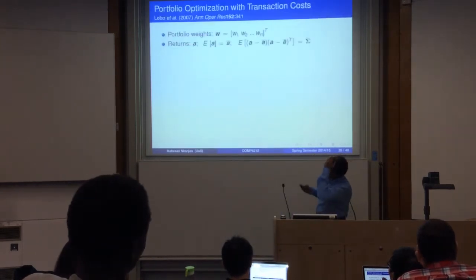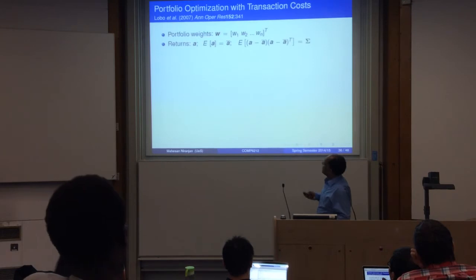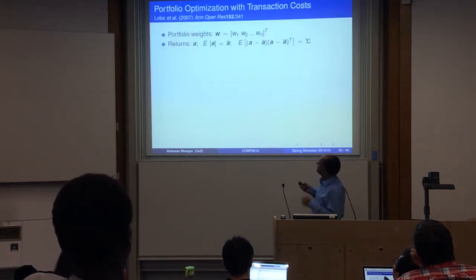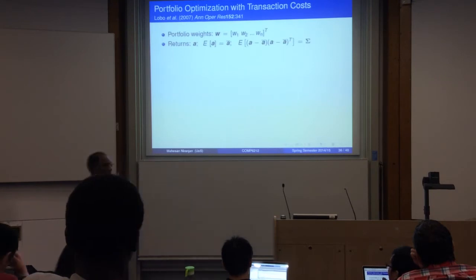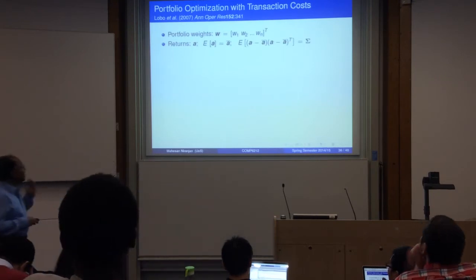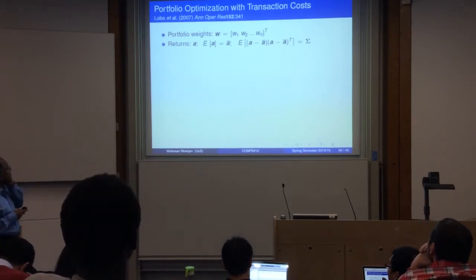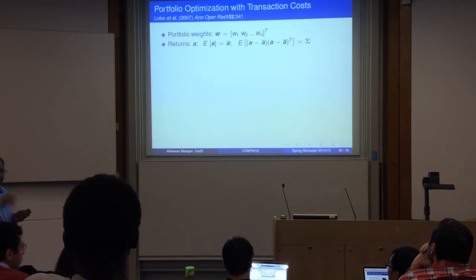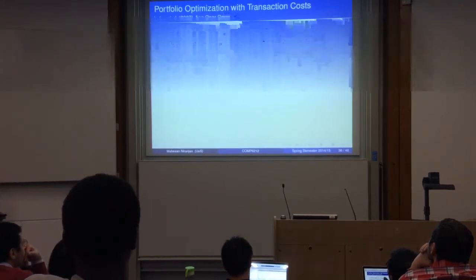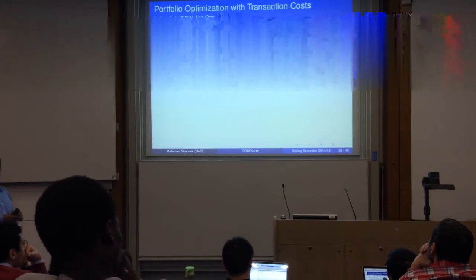Okay, so we want to look at another paper. This is Lobo et al. And I'll give you the precise reference in the slides. These guys tell you how transaction costs might happen, how they can also be integrated into the mean variance optimization framework when you select a portfolio.